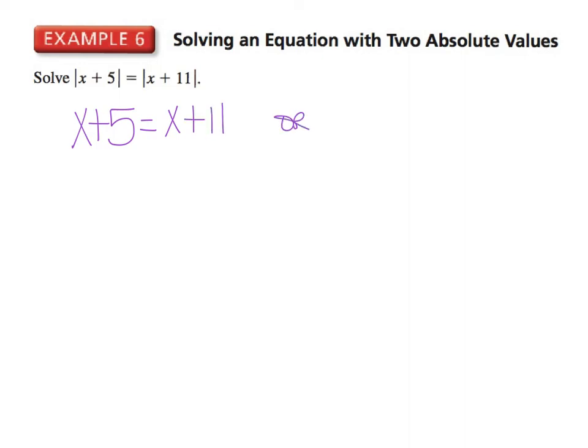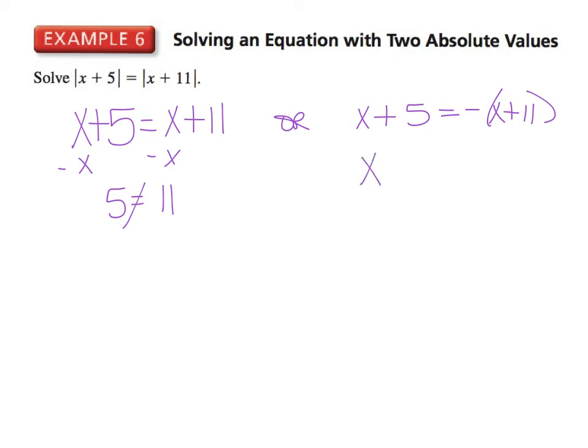Or what's the other one? x plus 5 equals negative times the quantity x plus 11. So let's solve both of these. Subtract x, that gives me 5 equals 11. Nope, that doesn't work. False statement. So now if we solve this one, x plus 5 equals negative x minus 11.